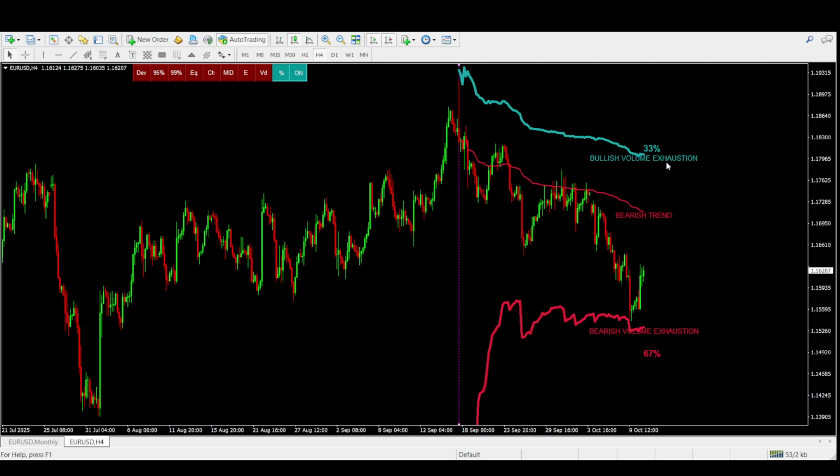If we divide equally this distance between the exhaustions, we will obtain a very good equilibrium volume line, because this way we can disregard the influence of the candles.